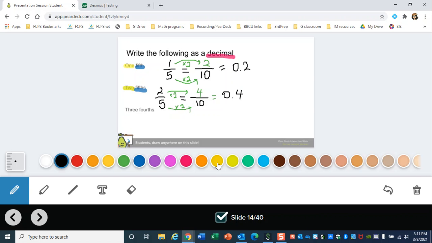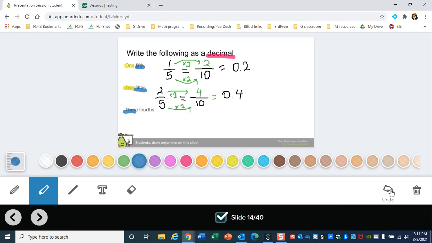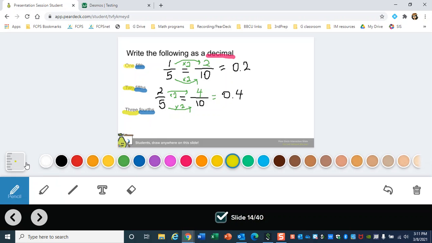The last one, 3/4. The numerator is 3, and the denominator is 4. So as a fraction, it would be 3 over 4.